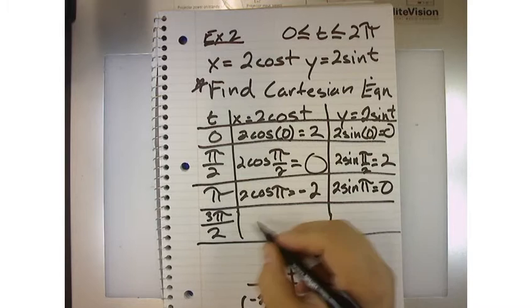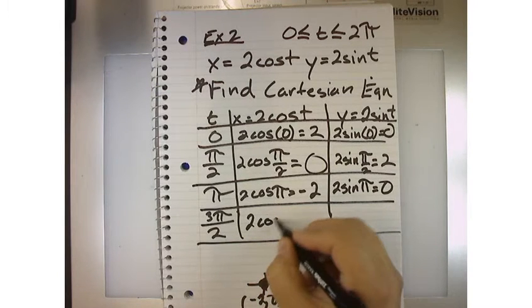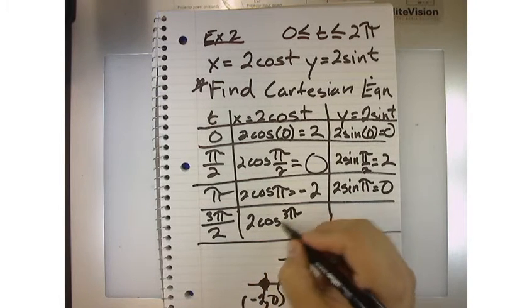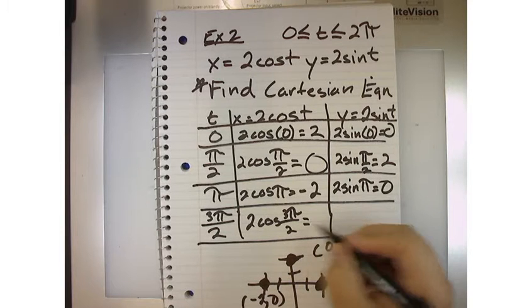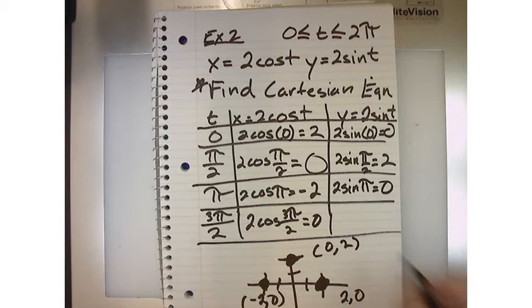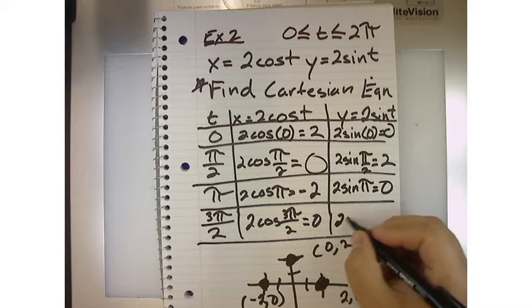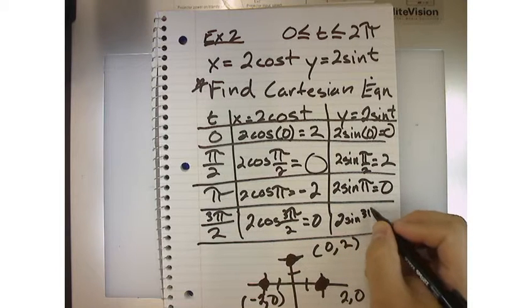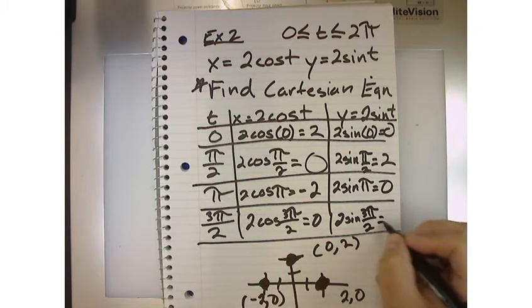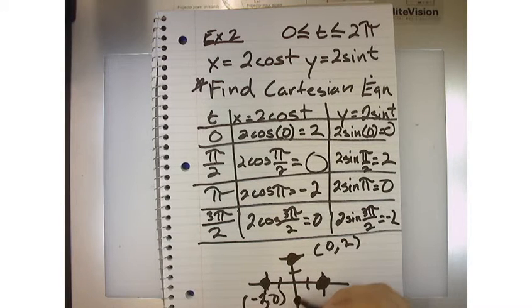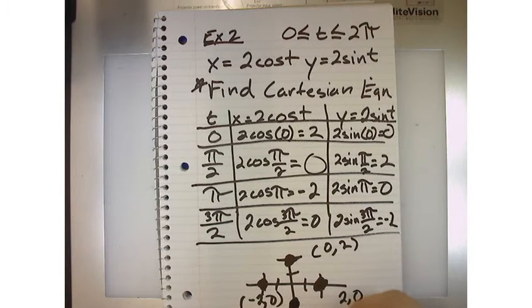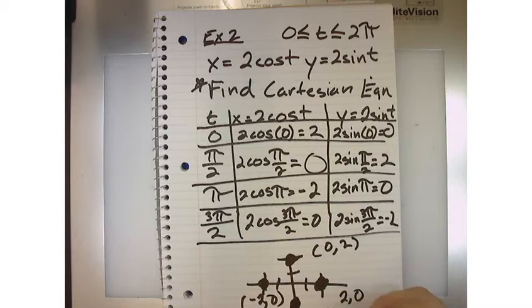And then lastly, if I say 2 cosine of 3 pi over 2, that's 0 times 2, right? And then 2 sine of 3 pi over 2 is equal to -2. Oh, I wrote that down wrong.